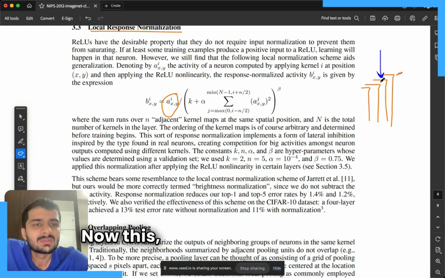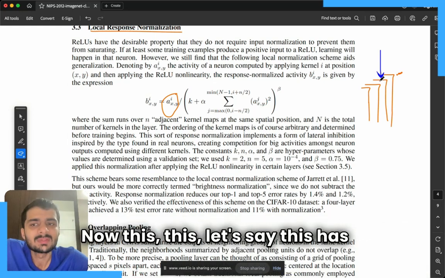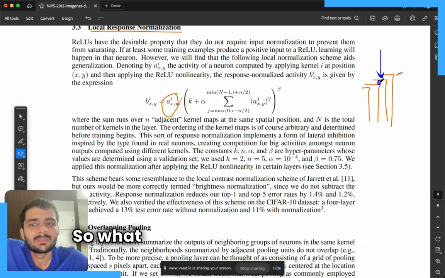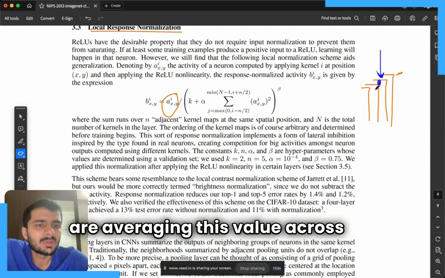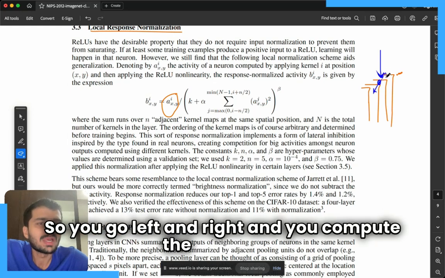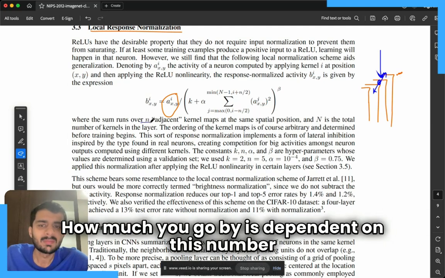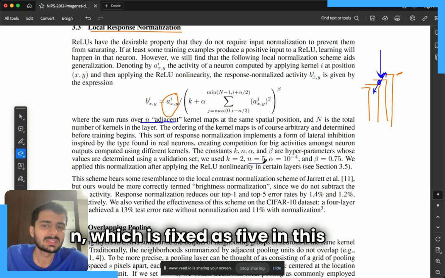Let's say this has a certain specific value at this position. What they are doing is averaging this value across the kernels. So you go left and right and you compute the averages. How far you go depends on this number n, which is fixed as 5 in this case.